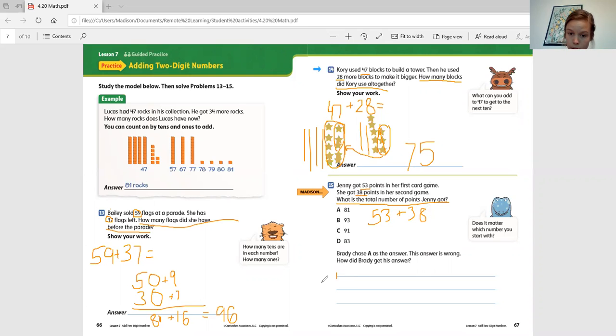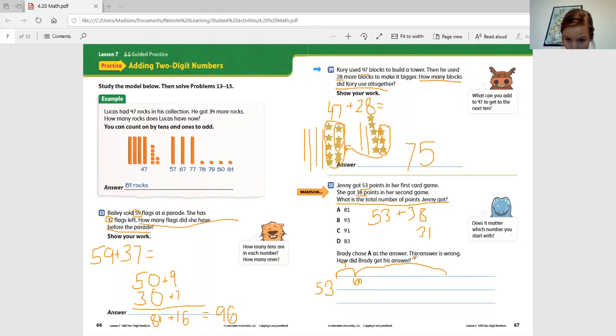I'm going to start with 53. Now I need to jump to make the next friendly number. I'm at 3, so adding 7 more is going to get me to 60. Now, so I took 7 away from that, putting me at 31. Now I have 30 that I can jump, so big jump.